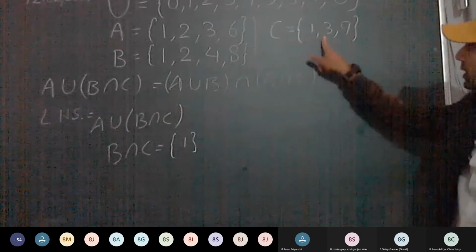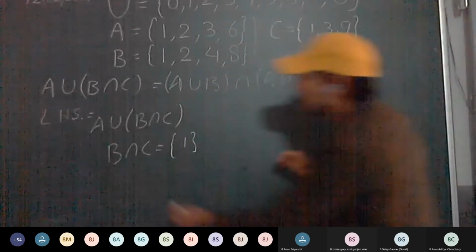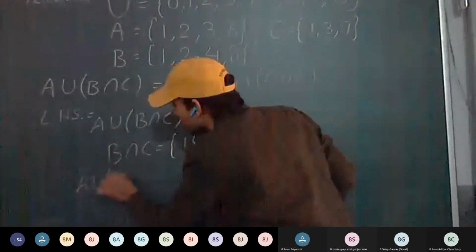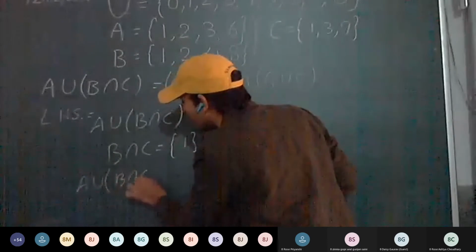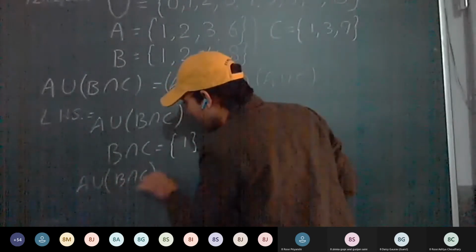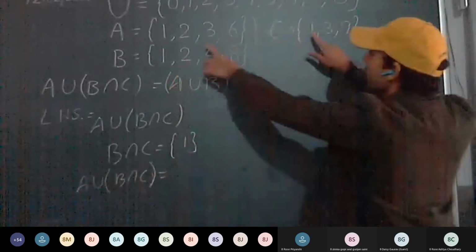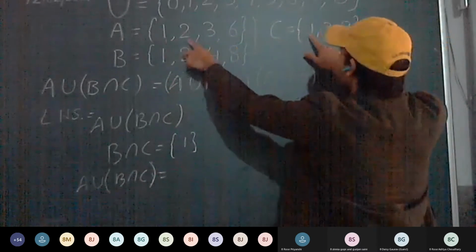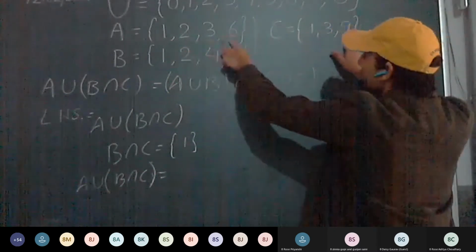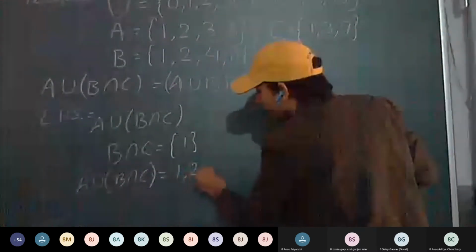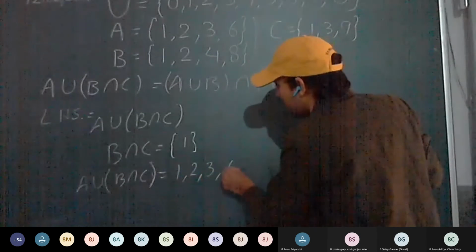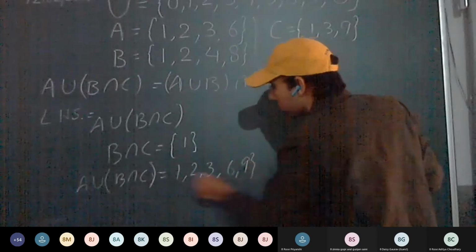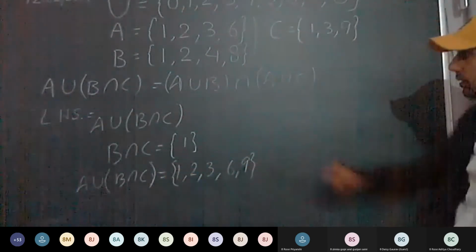Now take its union with A. Union with A will be 1, 2, 3, 6, 9. Understood this one?